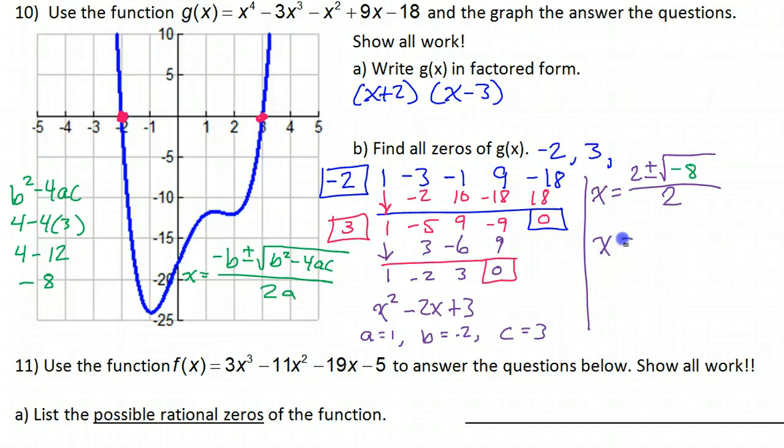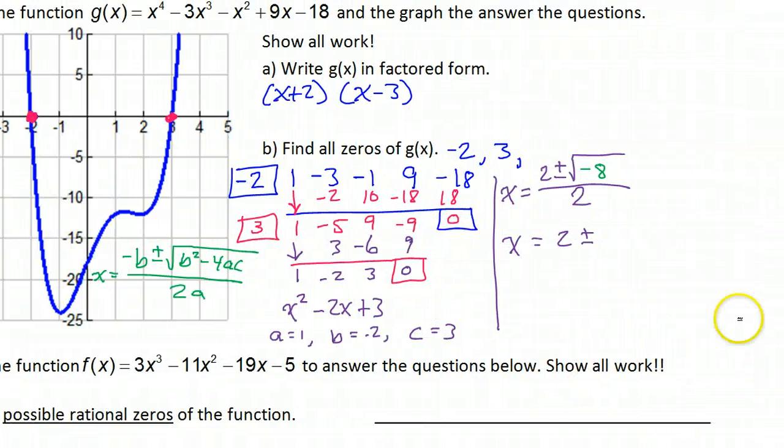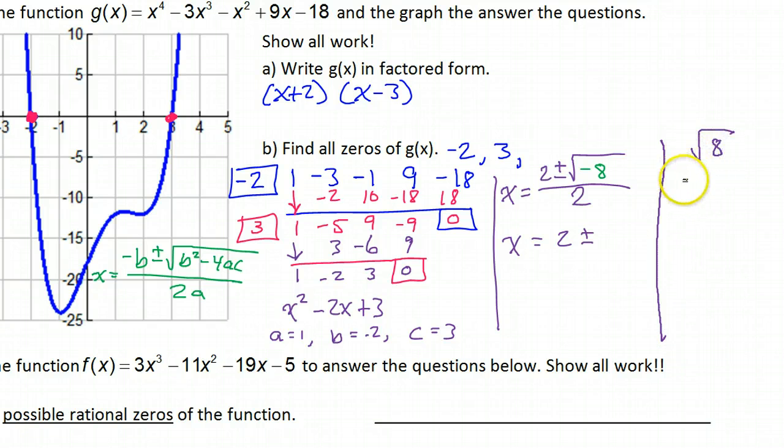So this is going to make x equals 2 plus or minus. I know I'm going to have i because of the negative under the radical. So let's talk about how to do the square root of 8. Normally I would use my TI-30 for this, but just in case you can't use the calculator, just remember 8 is simply 4 times 2.